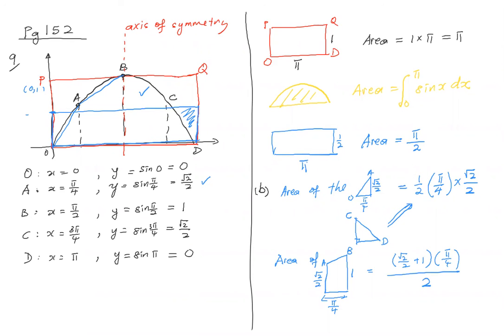So the total area will be 2 times half times pi by 4 times root 2 over 2, plus 2 times root 2 over 2 plus 1 times pi by 4 divided by 2. 2 and 2 cancel, 2 and 2 cancel. So you work this out, you will get the answer.